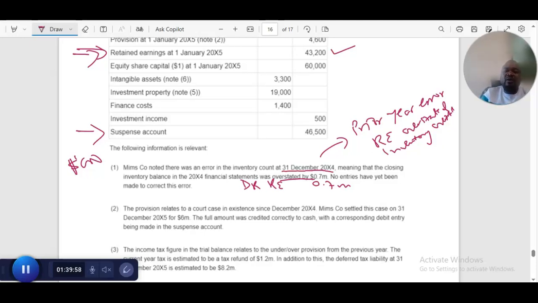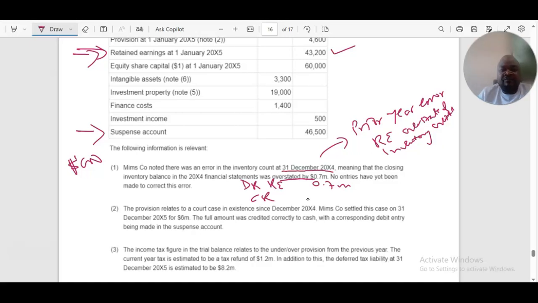Now, we are going to credit something. What are we crediting? We have been told that the inventory is what is overstated, so we need to reduce the inventory. What do we do?